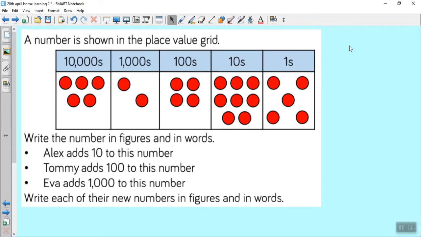Okay, another challenge here. A number is shown in the place value grid. Write the number in figures and in words. So figures is using the digits, using the numbers, and then you need to write it in words. Then Alex adds 10 to the number, Tommy adds 100 to the number, Eva adds 1,000 to the number. Write each of their new numbers in figures and in words. So let's first of all write this number in figures.